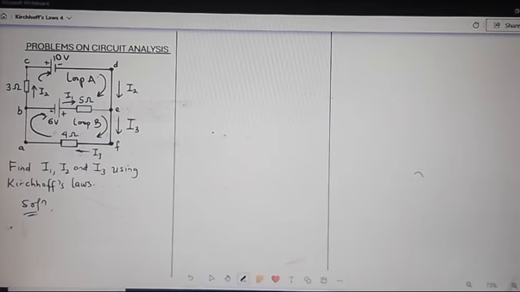Applying KCL, which implies Kirchhoff's current law, at point E, we can say that I1 plus I2 is equal to I3. We can call this equation 1.